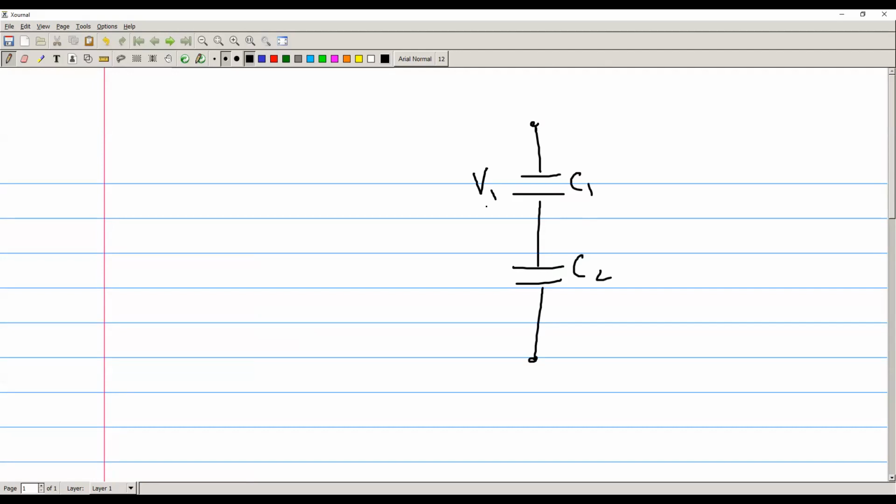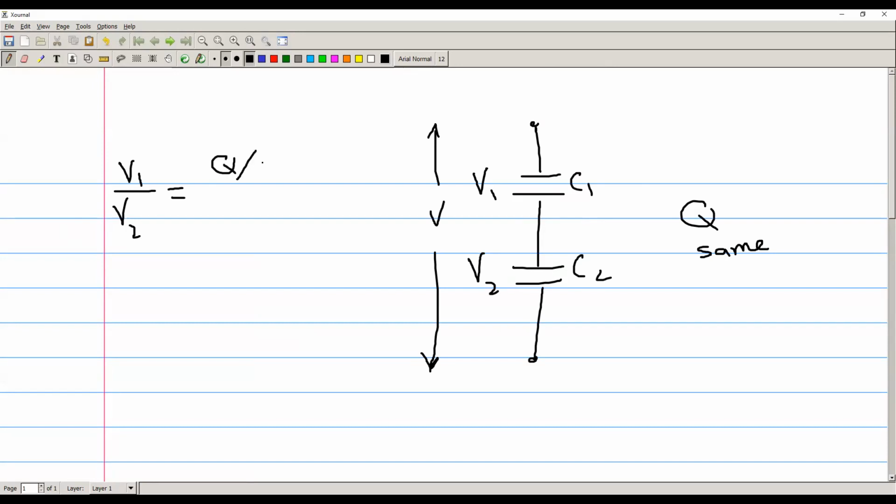This is V1, and this is V2. This is V total from here to there. And Q is the same, as we said before. If I want to get V1 over V2, this will be equal to Q over C1 divided by Q over C2. So just cancel Q from here and there, and it's going to be C2 over C1.